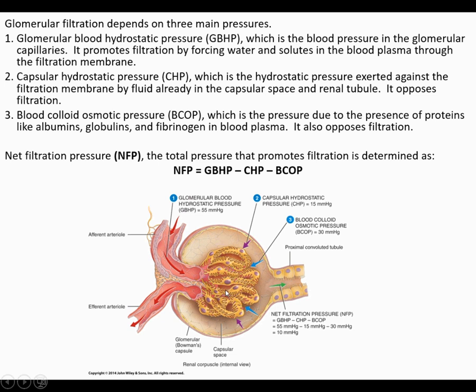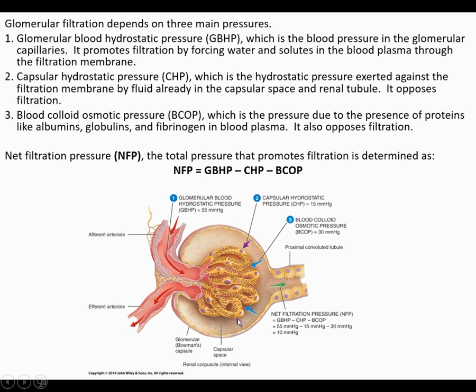Speaking of that pressure, what I'm describing is actually the first of the three pressures that affect glomerular filtration. That first pressure is called GBHP, or glomerular blood hydrostatic pressure, and it's the only one that promotes filtration. This is the pressure in the glomerular capillaries, and it promotes filtration by trying to force water and solutes through the filtration membrane out into the space.